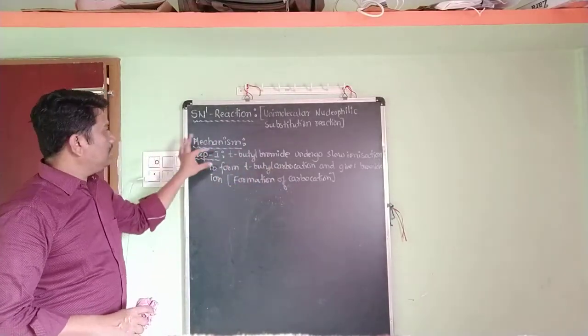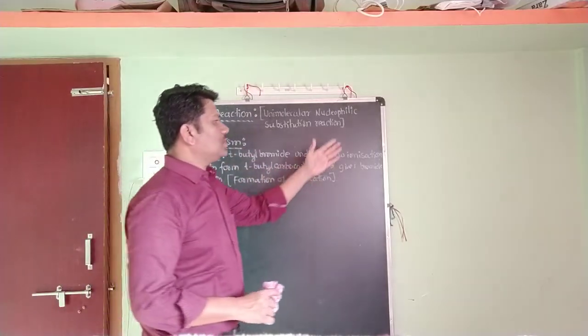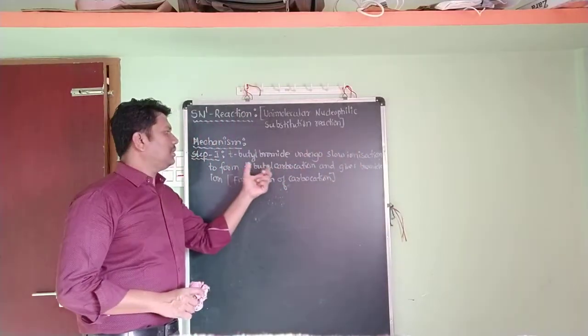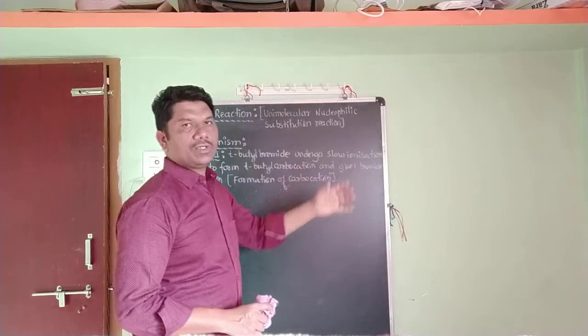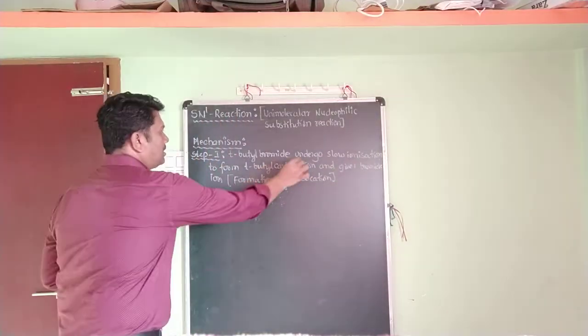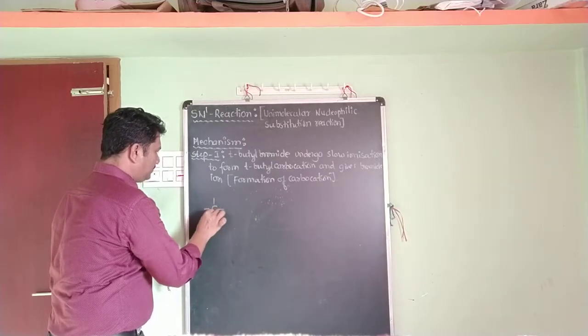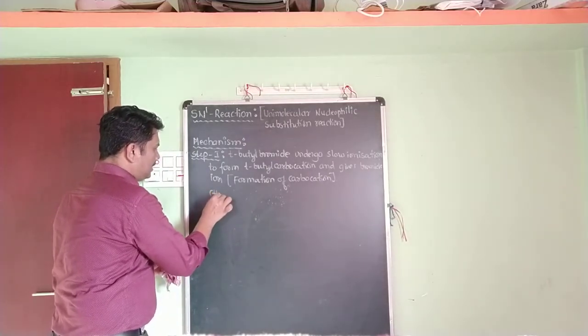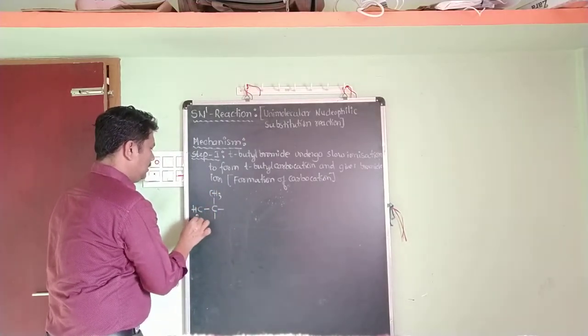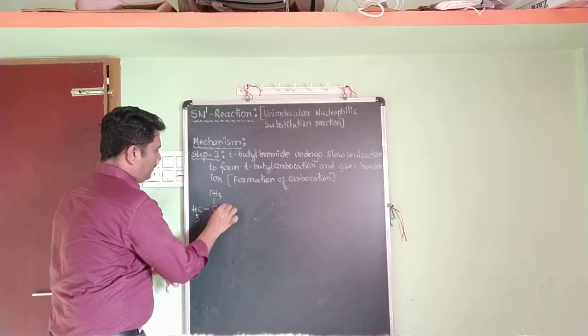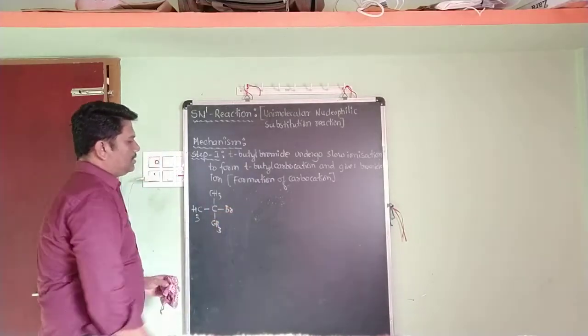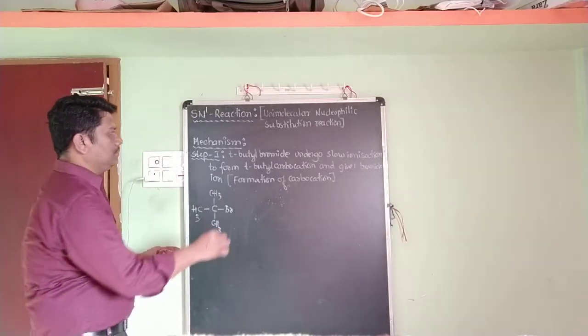Or you can write the full sentence. So tertiary butyl bromide, you know the structure now. This is CH3, CH3, CH3, and this is Br. This is tertiary butyl bromide.